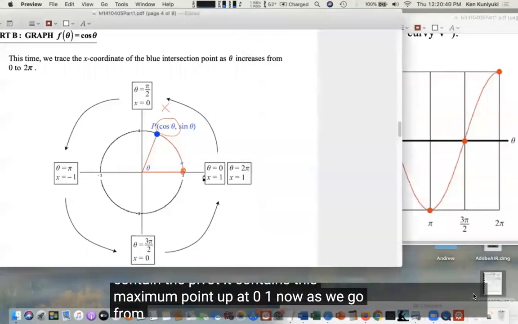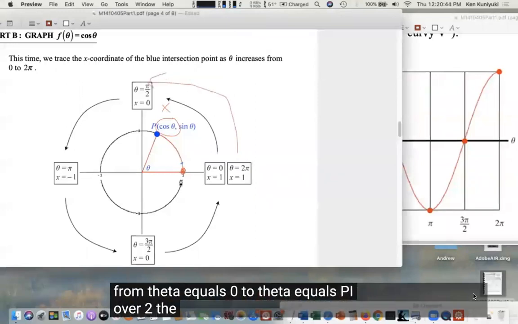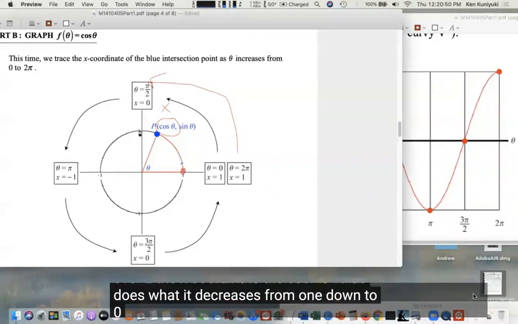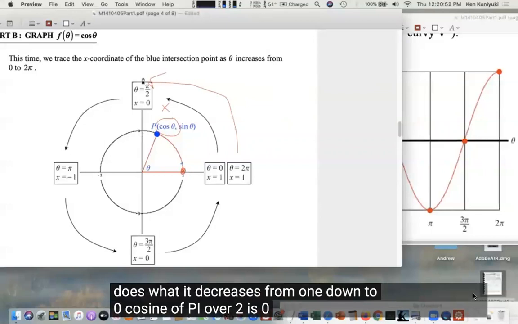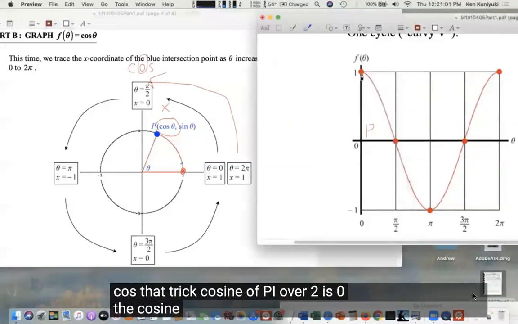Now, as we go from theta equals 0 to theta equals pi over 2, the x-coordinate, the cosine value, does what? It decreases from 1 down to 0. Cosine of pi over 2 is 0. Remember COS, that trick. The cosine function decreases in quadrant 1.